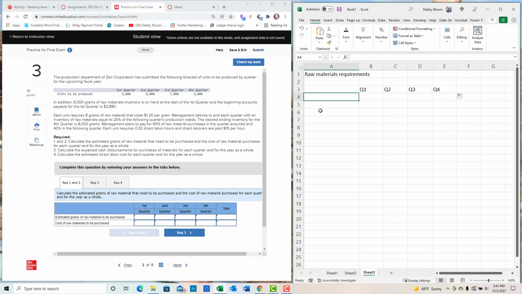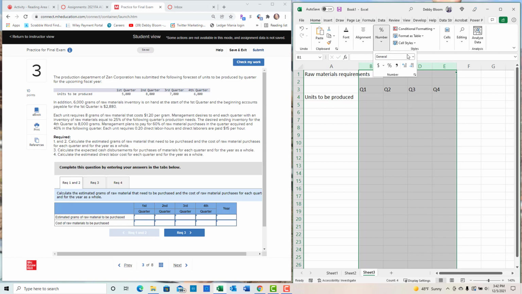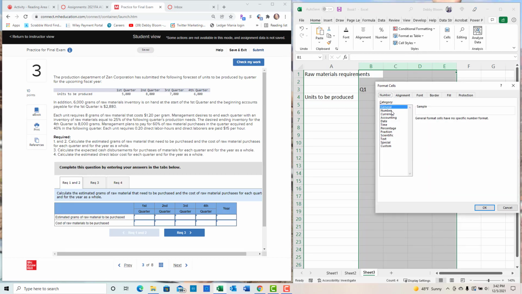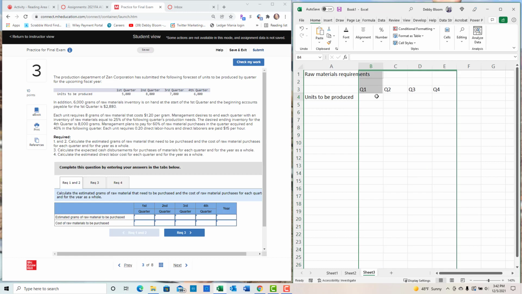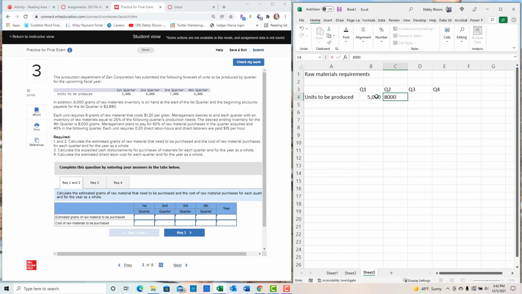The first thing that we're going to do is start off with production in units. That is given in the problem. I'll put in the commas so it's going to be a little bit easier to see the numbers. So all these 4 numbers are given: 5,000, 8,000, 7,000, and 6,000.